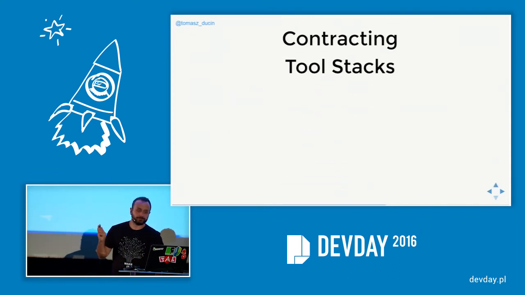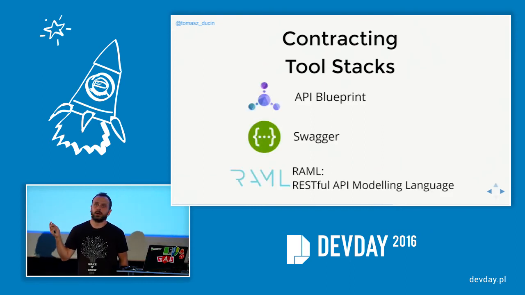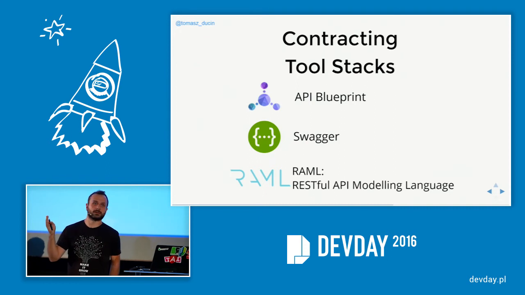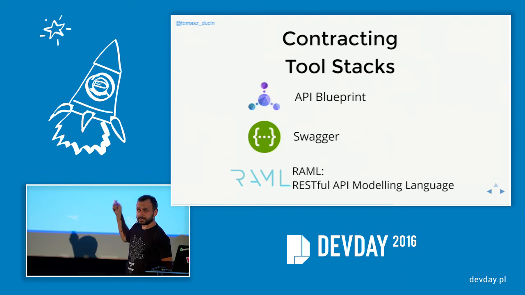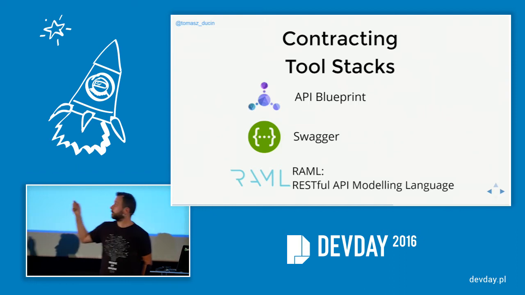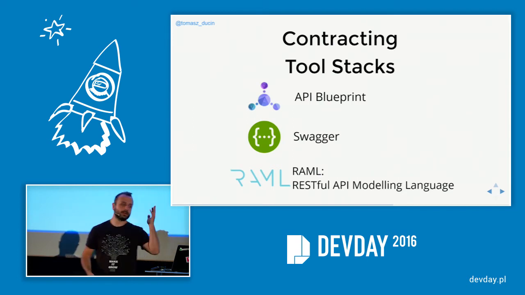So, contracting tool stacks. We've got API Blueprint, Swagger, and RAML. I think that you might have heard about some of them. Basically, they implement the same idea, they just use a different syntax. And each of them has different tools that implement documentation generation, data generation, fake server generation, and that kind of stuff.